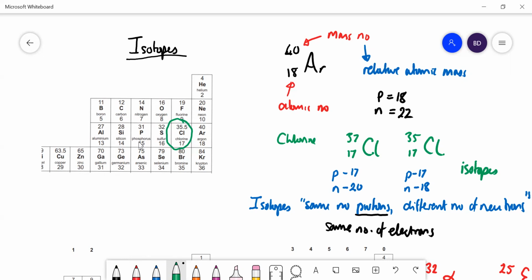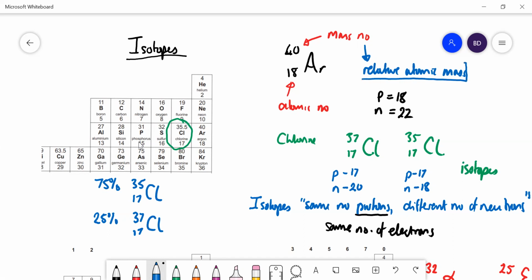And the reason for that is, and in a later video we'll show how to work this out, 75% of naturally occurring chlorine is the lighter version, the 35, and only 25% of it is the heavy version, chlorine-37. So if you take into account the abundances, then you come up with a figure of 35.5, and that is what's called the relative atomic mass.